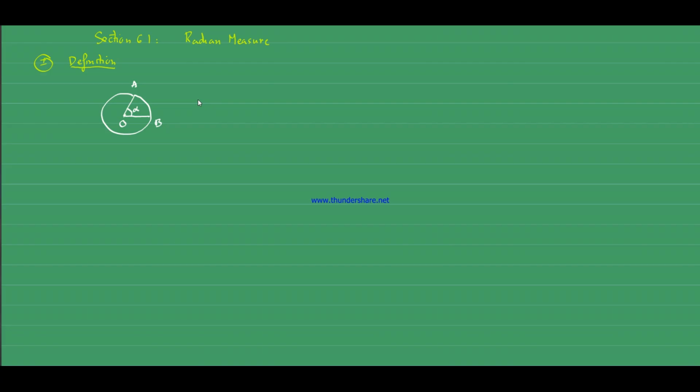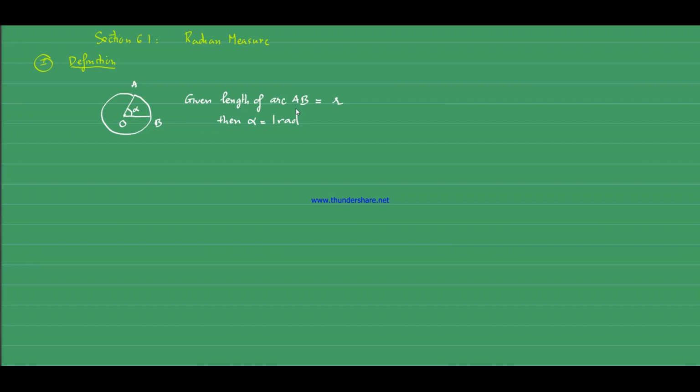But let's say that, given that, the length of the arc AB is the same as the length of the radius. So if the length of the arc AB is the same as the length of the radius, then this angle alpha will be measured by 1 radian.